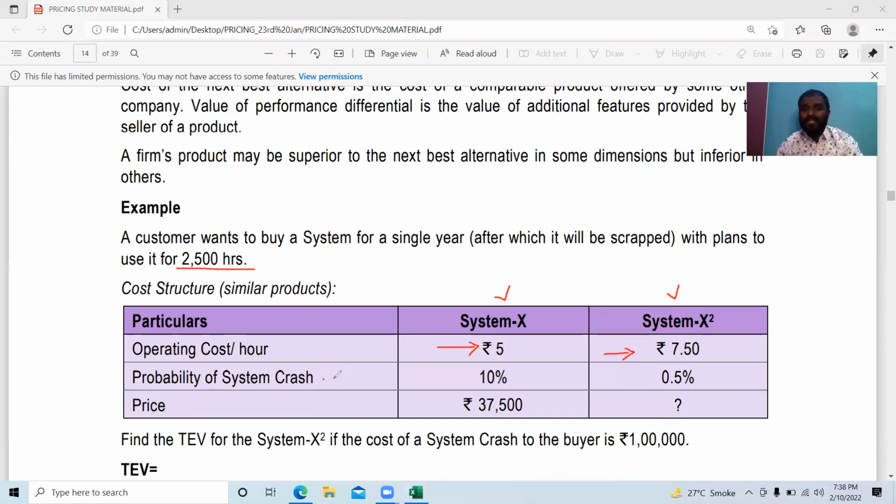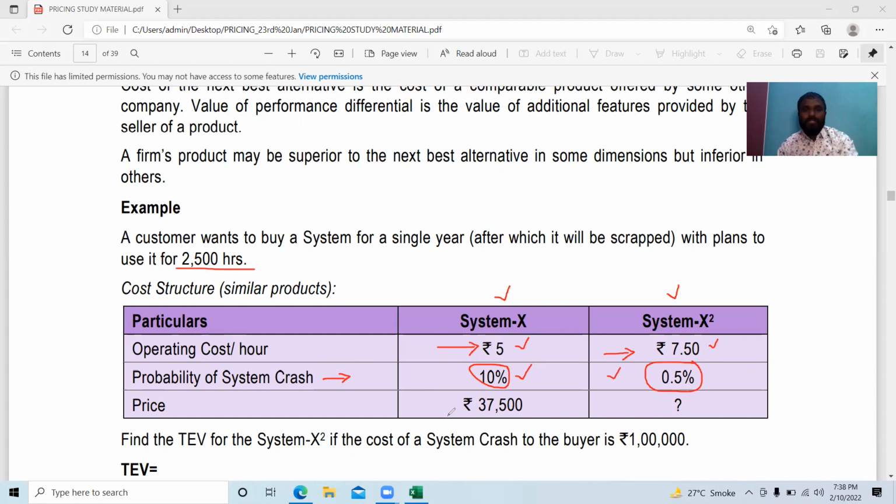Probability of system crash, just like our breakdown: for X it is 10%, whereas the chance of system crash of X2 is 0.5%. So although the operating cost of X is less compared to X2, the chance of crash is more, and for our product it is very less.